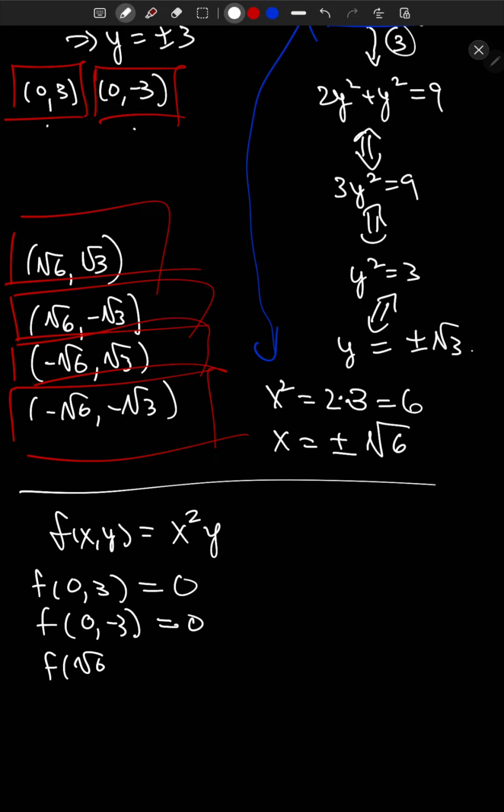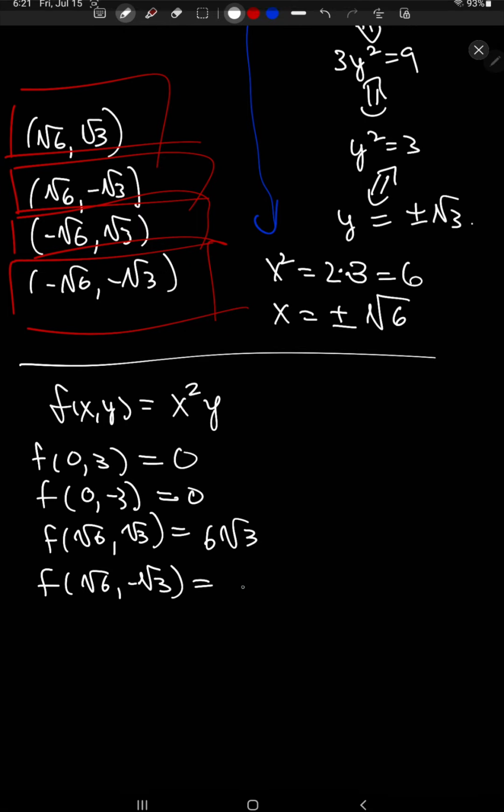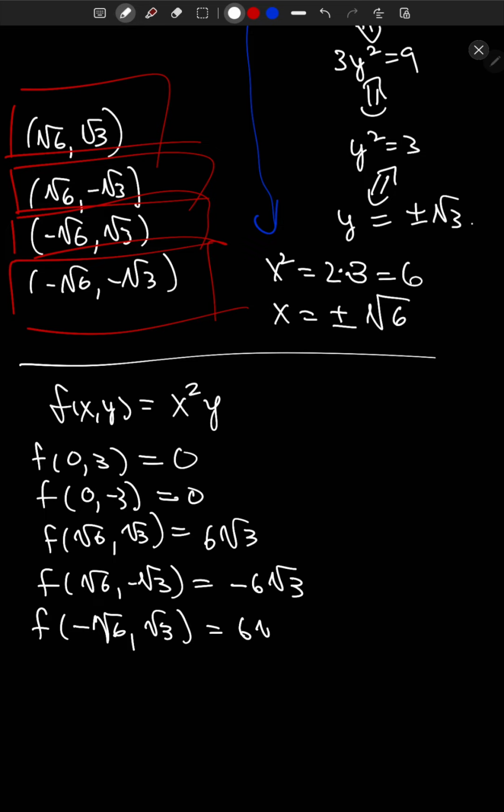F of root 6 comma root 3 is 6 root 3. F of root 6 comma minus root 3 is minus 6 root 3. F of minus root 6 comma root 3 is 6 root 3. And f of minus root 6 comma minus root 3 is minus 6 root 3.